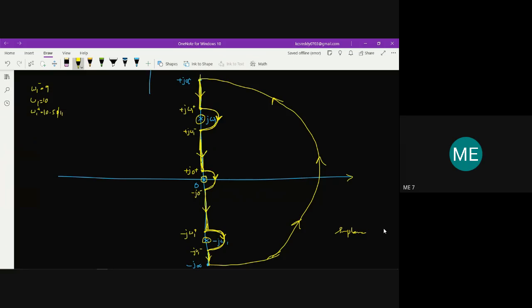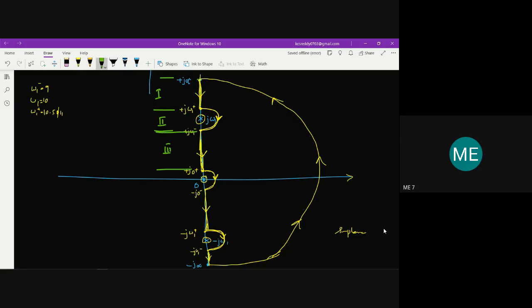If you take the starting and end points, the various sections have to be taken here. For example, from here to here is one section. This is called section 1, and from here to here is section 2. Then from here to here is section 3, that is this point.